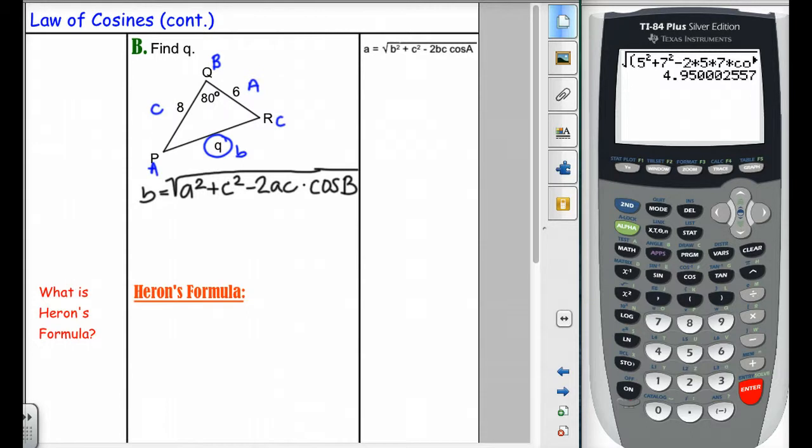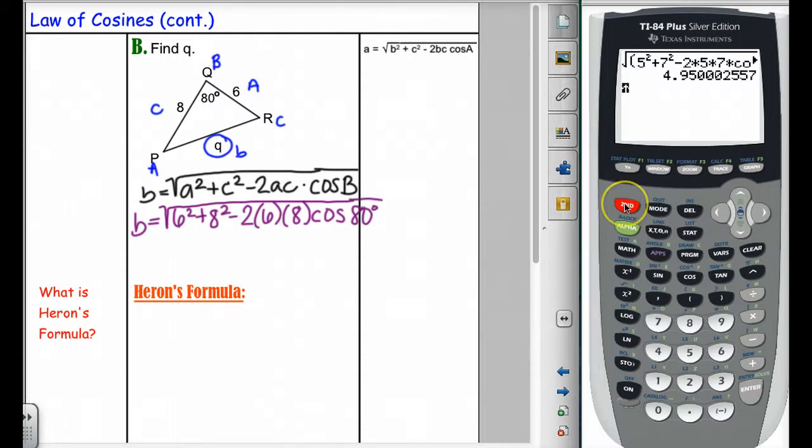And so here we don't know B, which is our Q, if you want to look at it that way. And we have A squared, which is 6, so 6 squared plus 8 squared minus 2 times 6 times 8 times the cosine of that angle, which is 80 degrees. So we put that into the calculator.